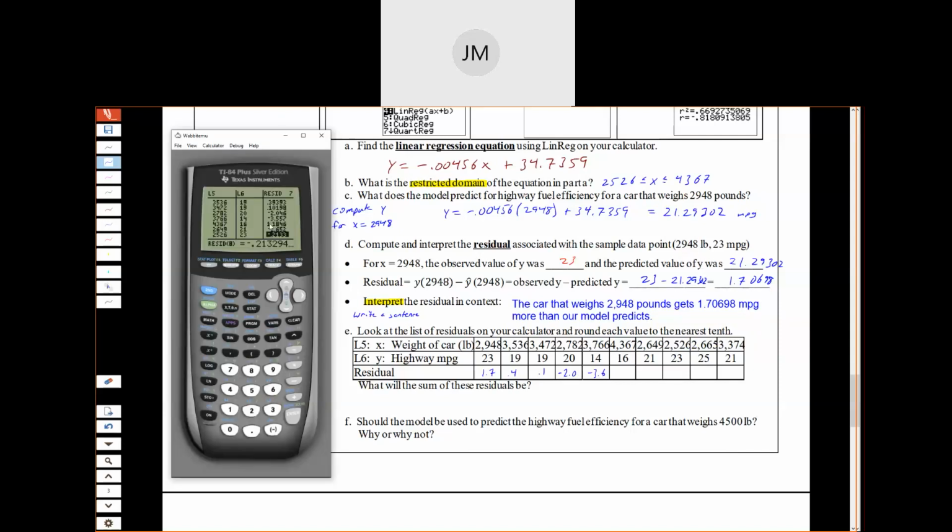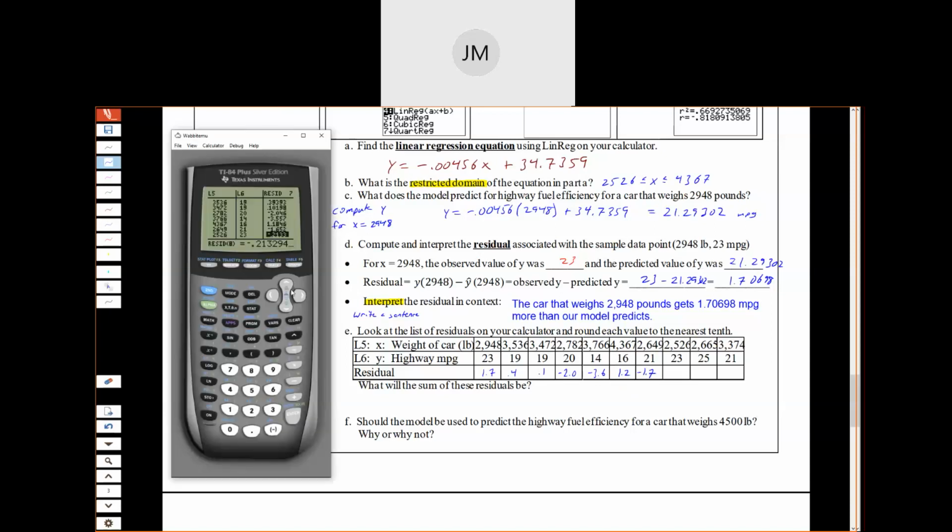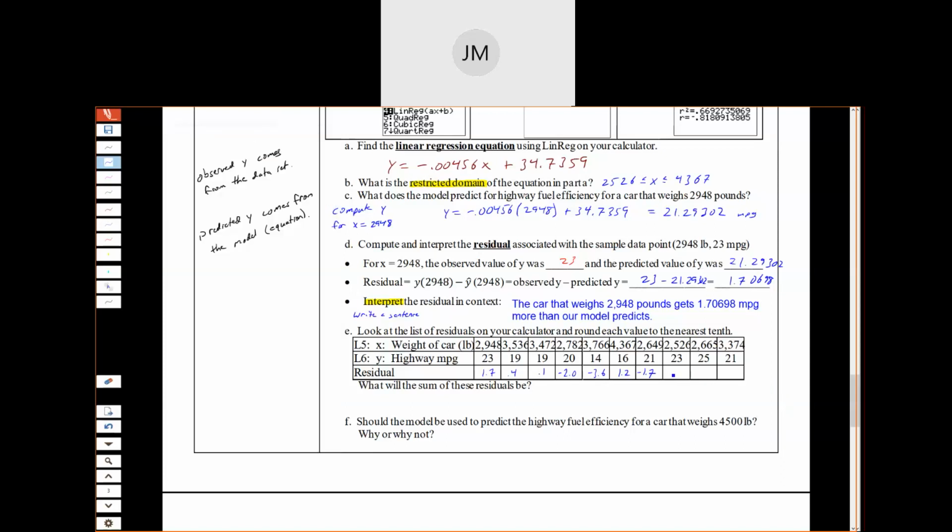Okay, and I have 1.2, negative 1.7. Okay, negative 0.2, 2.4, and 1.7.